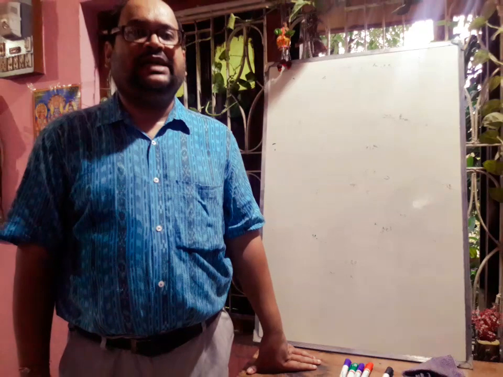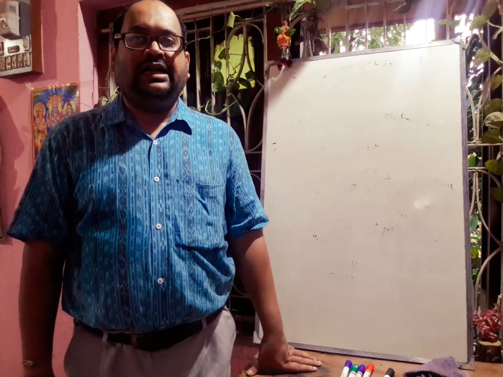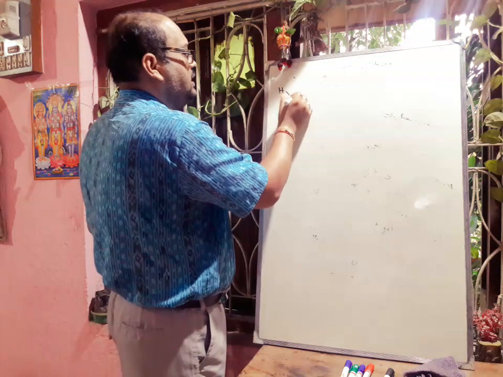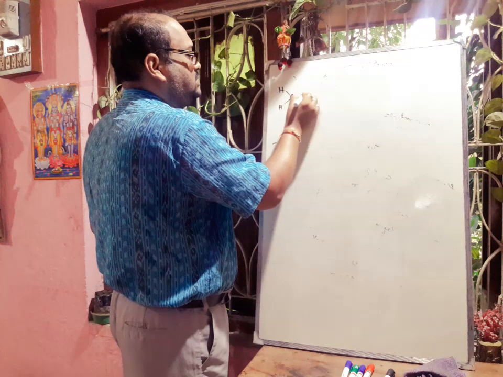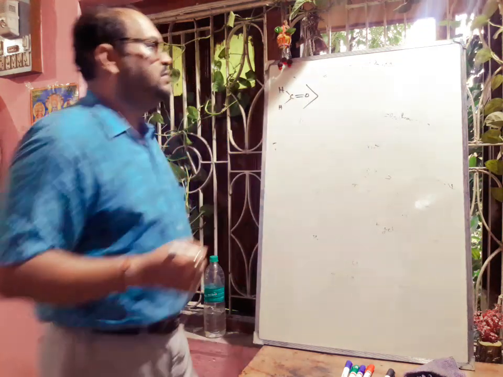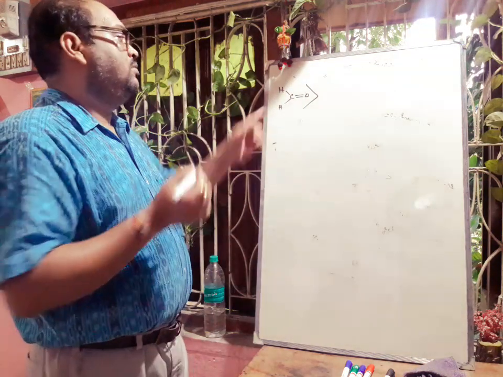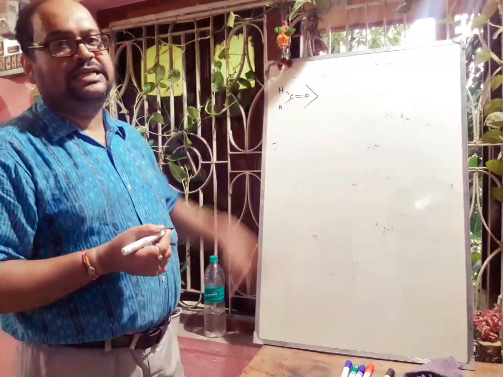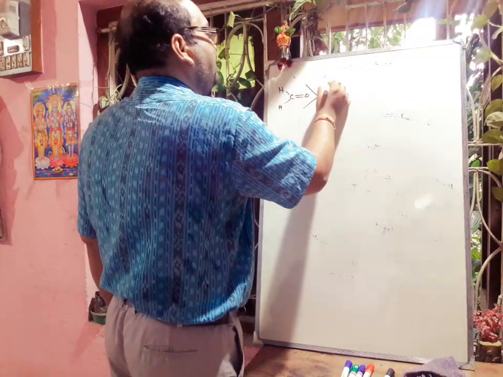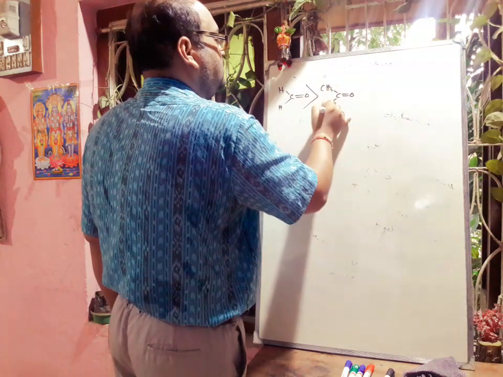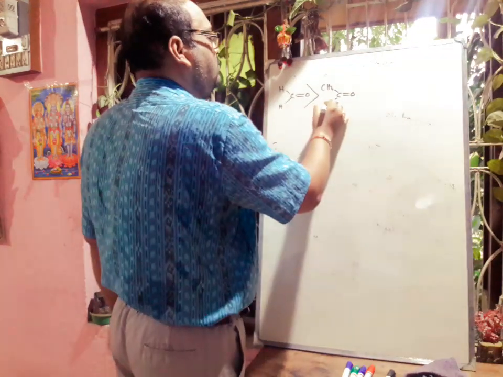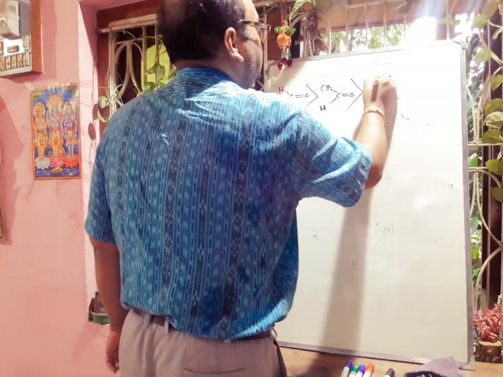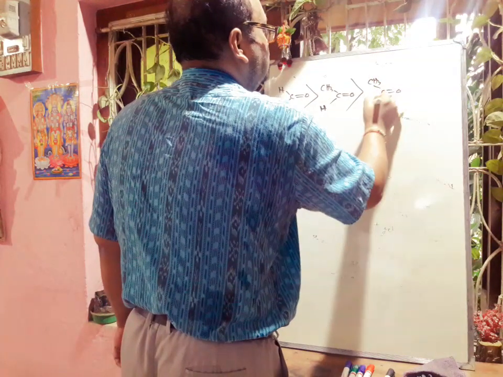So the order of reactivity of aldehydes and ketones, if we write it, you can understand. The highest reactivity will be in formaldehyde, because here the two groups are very small and the nucleophile can easily attack. Then comes acetaldehyde, with one alkyl group and one hydrogen. Next comes CH3COCH3.